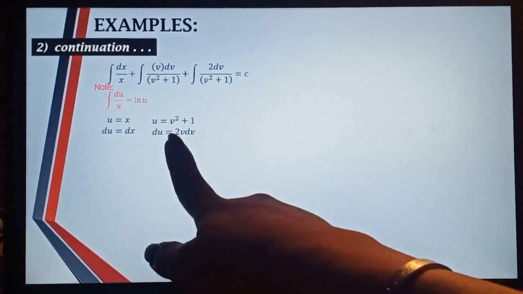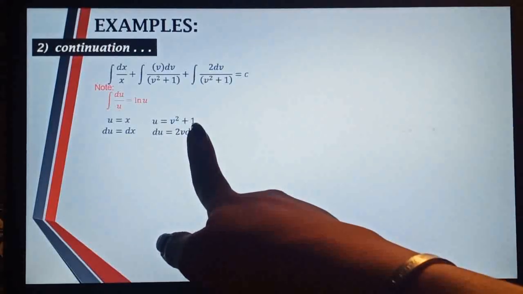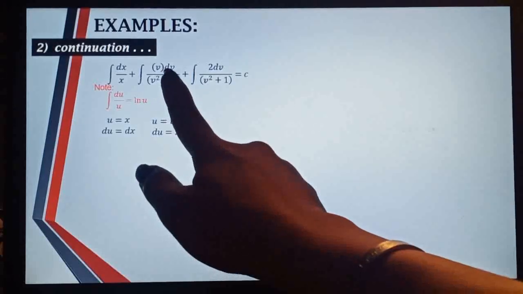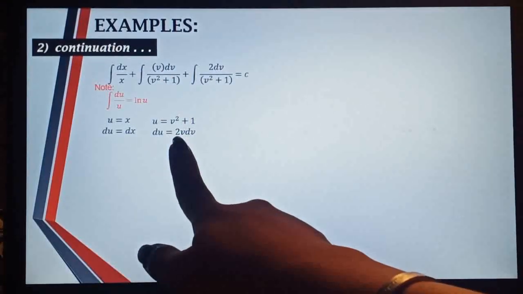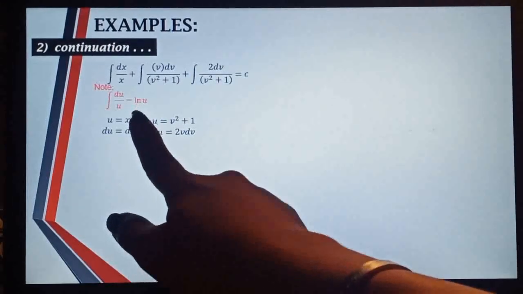In this case, so second term, if you let u as v squared plus 1, then your du equals 2v dv. You have v dv. Ang kulang na lang is 2. Then we need to satisfy du over u para mag-fall ng ln of u.